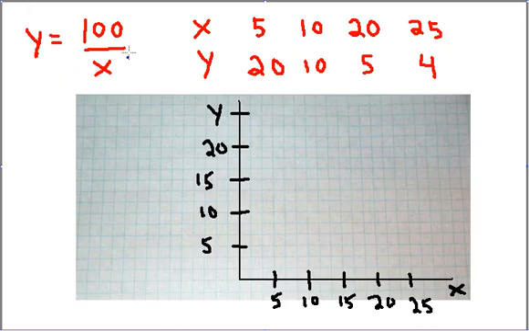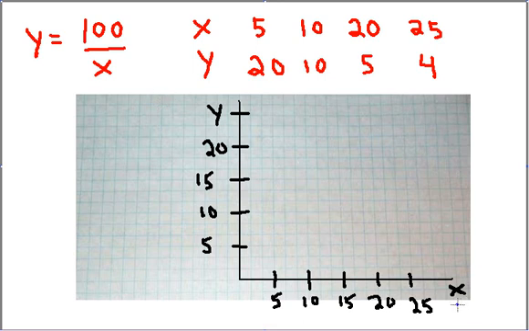Here's our same function, y equals 100 divided by x. Here's our table, x on the top, y on the bottom row. And what I've gone ahead and done now is plotted some points. X is going to represent the average speed of the blimp in miles per hour.